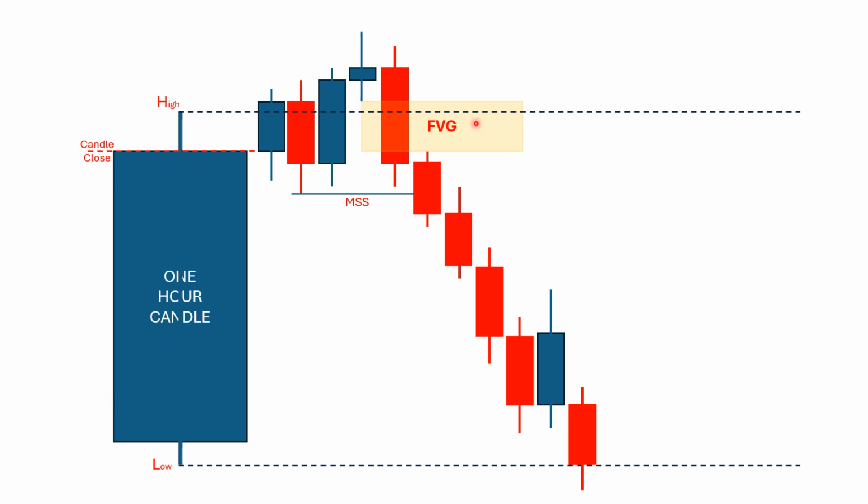So if you are a really good risk taker, if the market leaves that fair value gap there, and this is the candle that makes a market structure shift, you can enter a trade. You can take a sell here and then wait for the market to rebalance there.